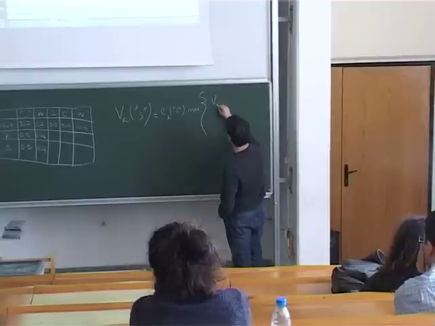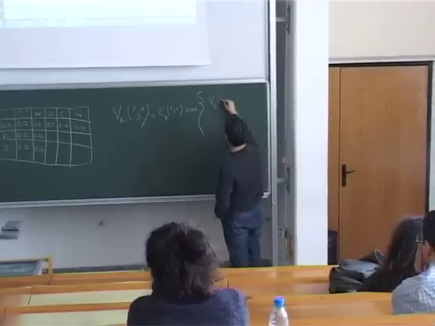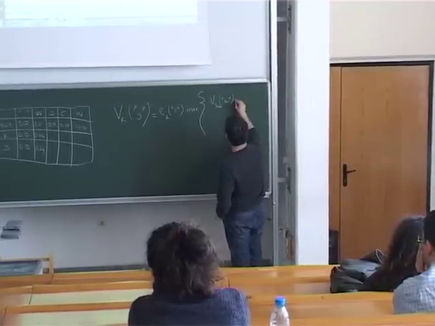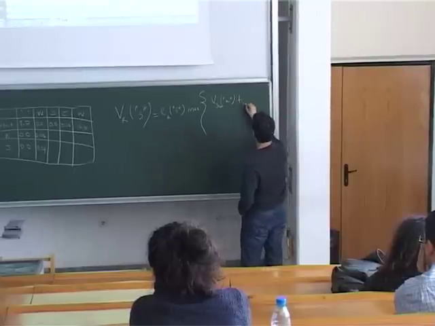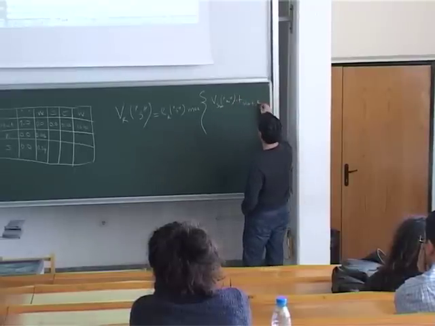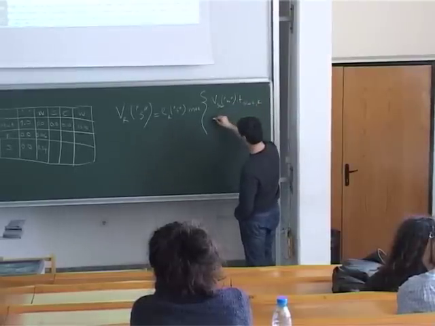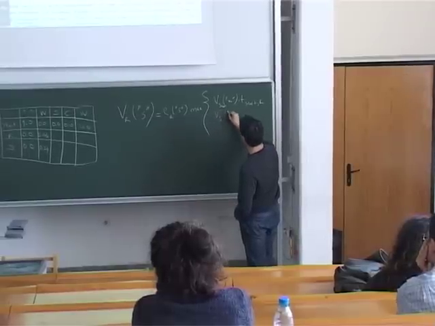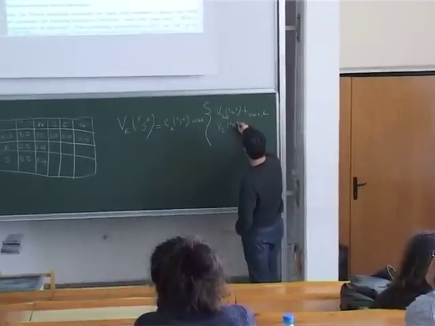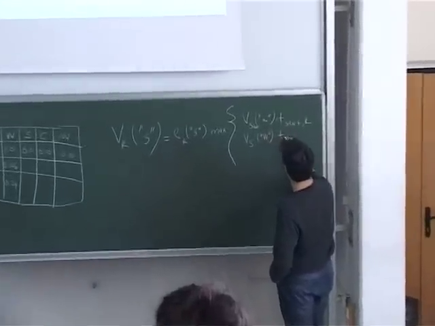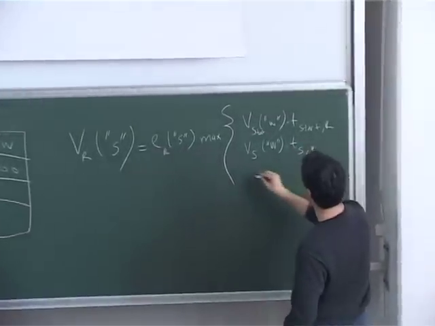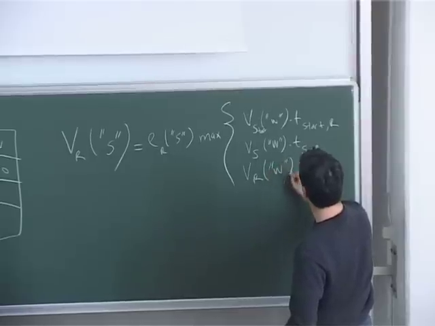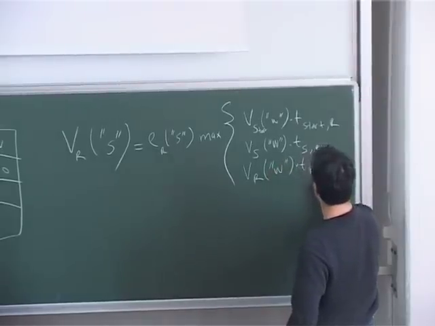So we start with V start W and transition from start to R, transition probability; V sunny W and transition from sunny to rainy; or V rainy W and transition from rainy to rainy.